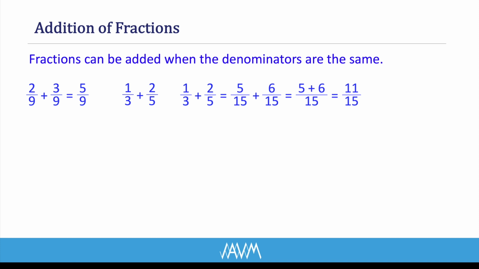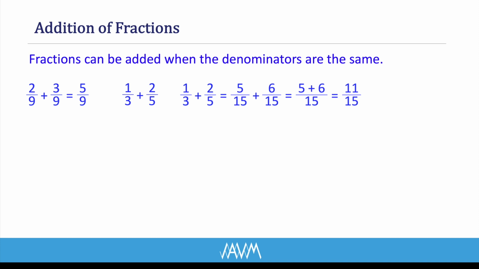So 1/3 becomes 5/15 by multiplying 1 and 3 by 5, and 2/5 becomes 6/15 by multiplying 2 and 5 by 3. And then we can have this as a single fraction, 5 plus 6 over 15, which gives 11/15.